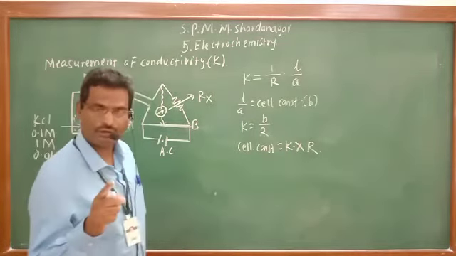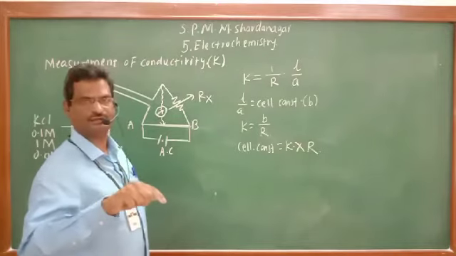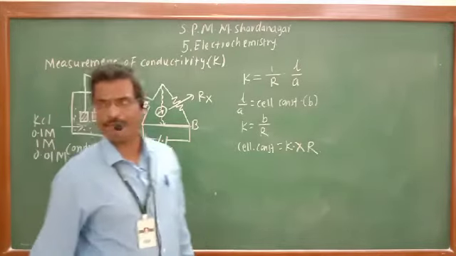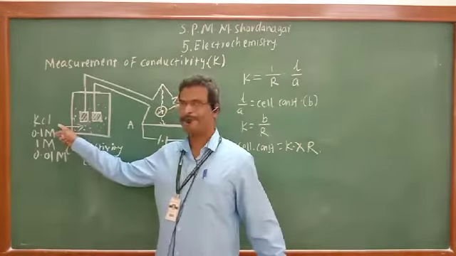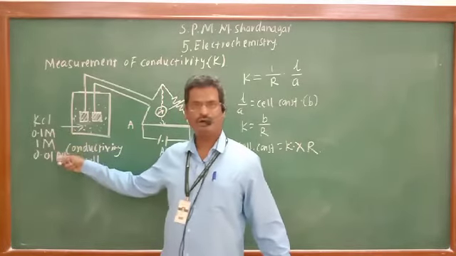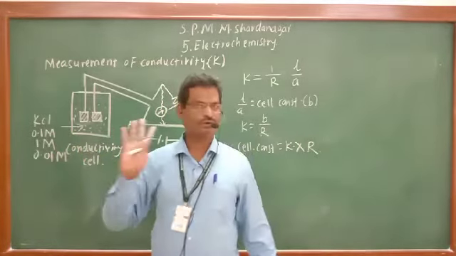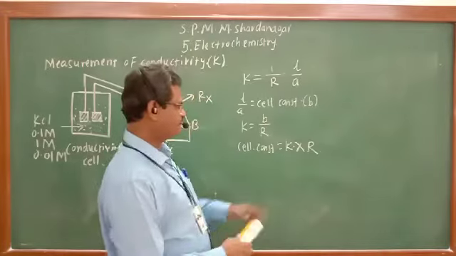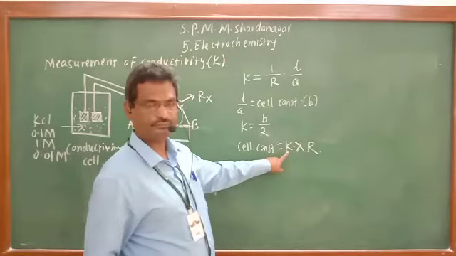How is it known? It is known from the literature. The value of conductivity of KCl of 0.1, 1 molar or 0.01 molar is known from the literature. So the K is known already.